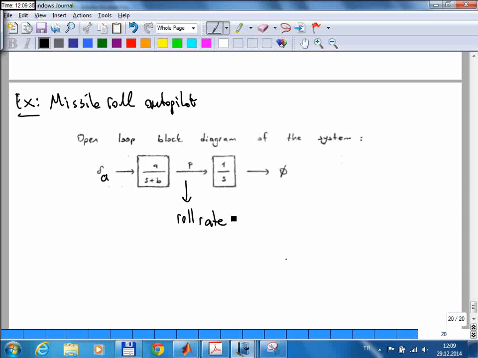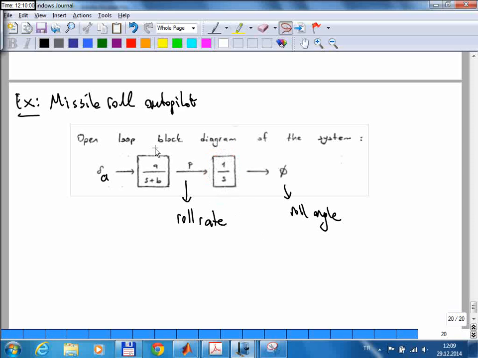And so this is how fast the missile rolls, right? And if you take the integral of that, the result gives you the roll position. So this is the roll angle. And remember that the integral action has the Laplace transform of 1 over s.